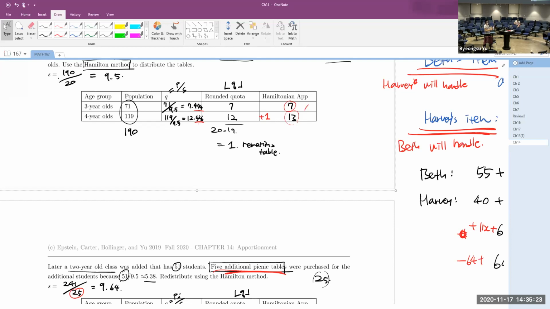But in some other cases, if you don't have so many states, then maybe the Hamiltonian method will still work. Especially when the United States had 13 states, the Hamiltonian method was adopted even though they knew the Jefferson method. So it depends on the political situation and the participation of the states. There is no good way to decide it.